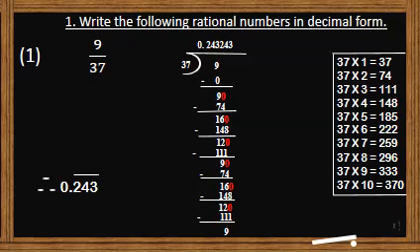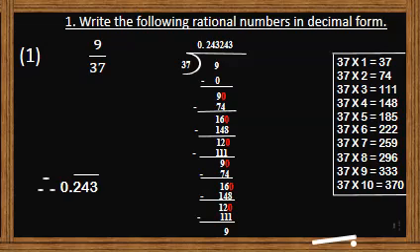Correct, no. 9 doesn't come in the table of 37 because 37 is greater and 9 is smaller. So we will take 37 zeros are 0, and now we subtract 9 minus 0. Our answer will be 9.